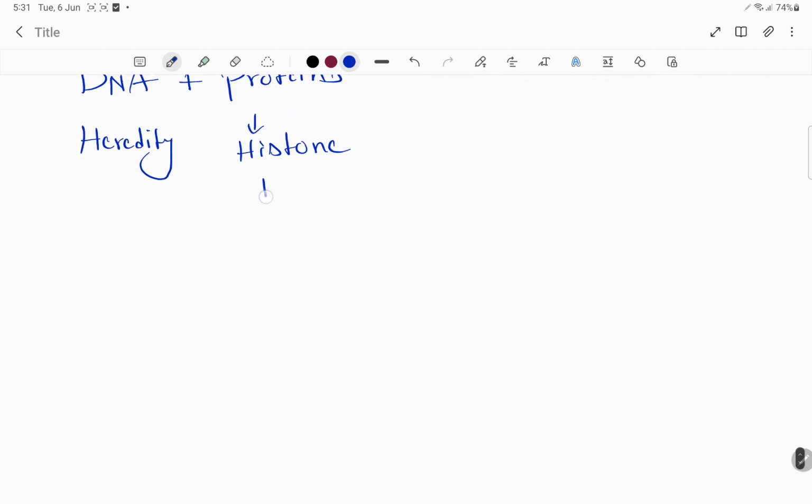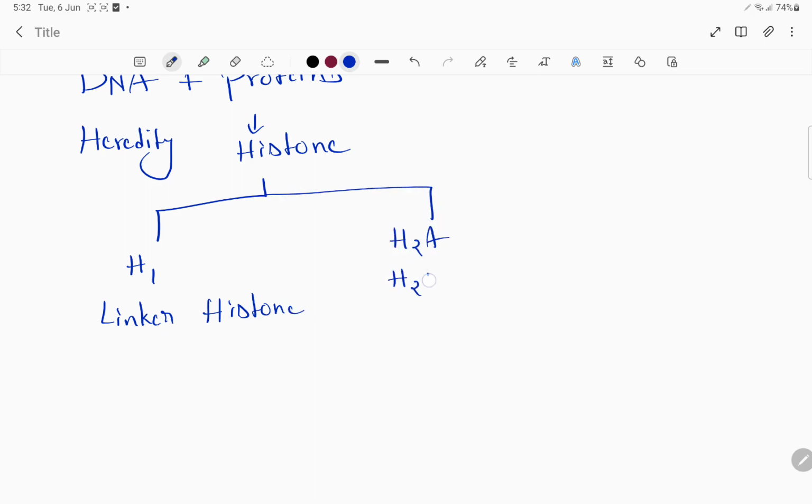So histone also contains H1, the linker histone. This is the linker histone. Next we have H2A, H2B, H3 and H4. This will form the histone octamer.